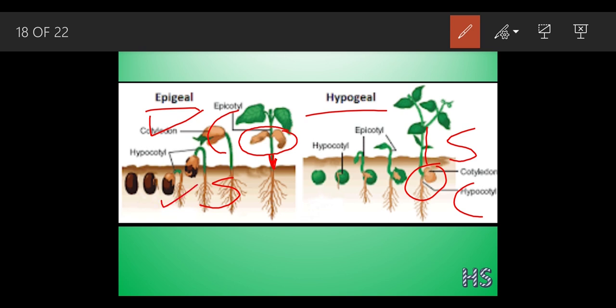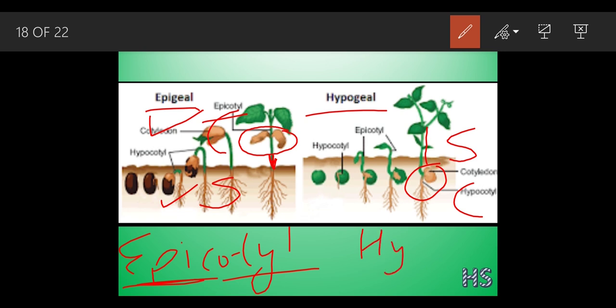That is why it has been called epicotyl, because epi means above and cotyl means cotyledon. Here the cotyledon is below, so that is why it has been called hypocotyl. Why hypocotyl? Because hypo means below, and cotyl means the cotyledons.